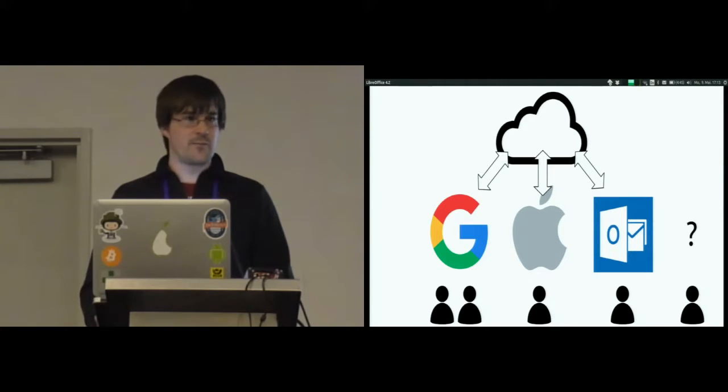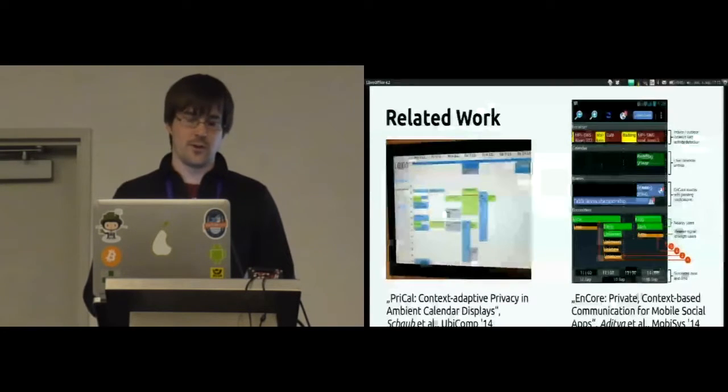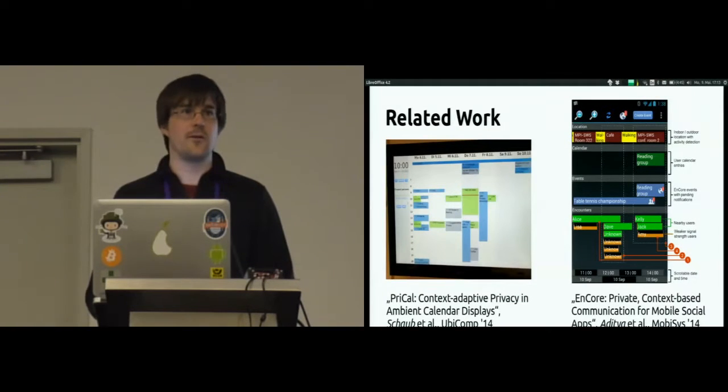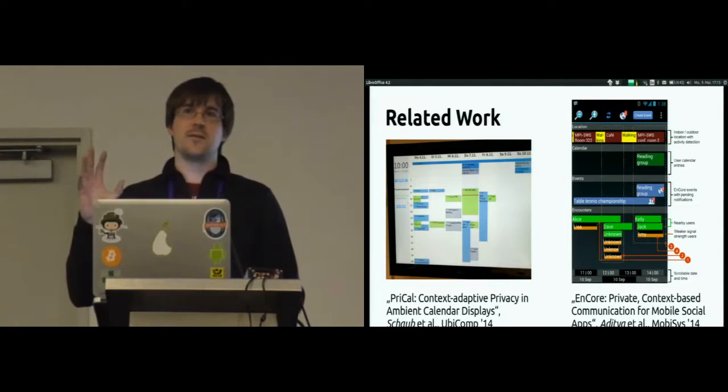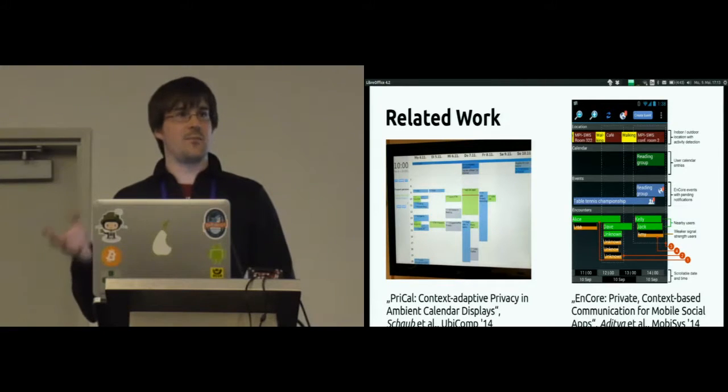In terms of related work from academia, there are 2 pieces I'd like to point out. One is Precal from UbiComp 2014, which uses pre-installed calendar displays in every room, which then detect the presence of persons using Wi-Fi and show their calendars on that public display.